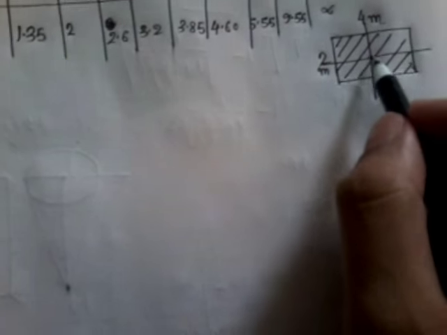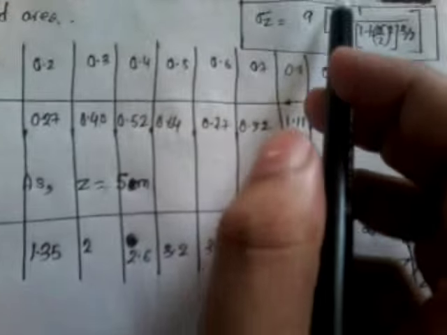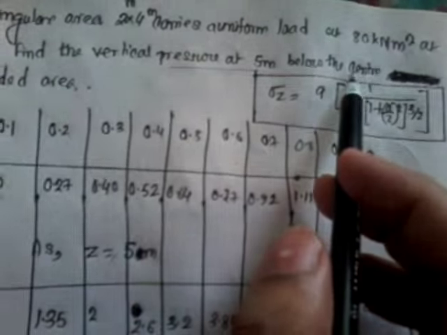We should measure the load below the center of the loaded area. So this is the loaded area portion. We find the sigma z value from the Newmark chart, measuring at the center.